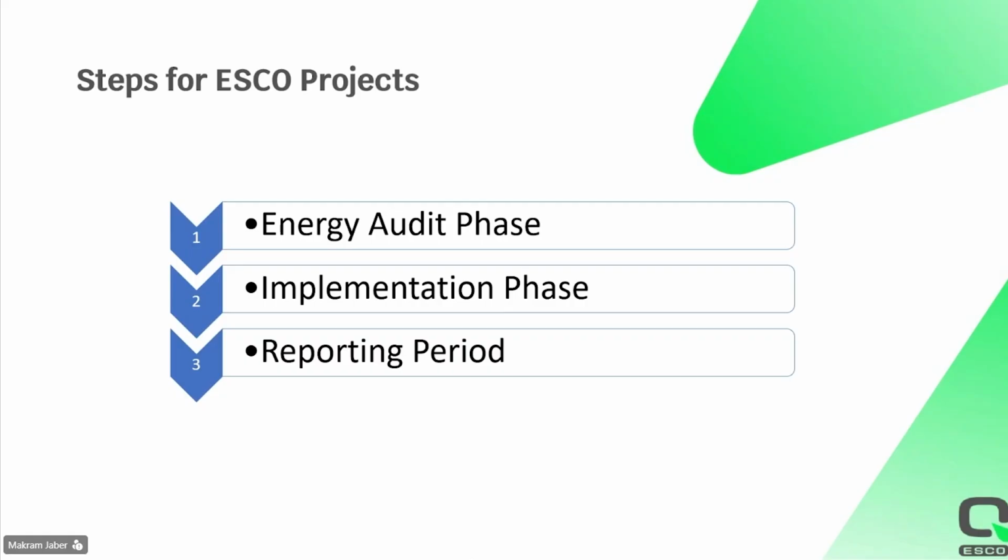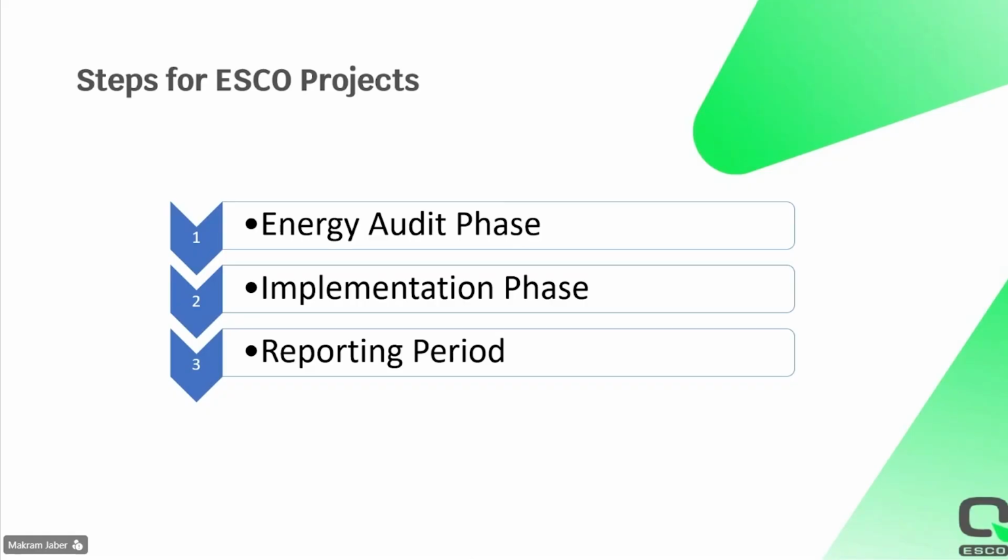Then after the implementation phase, when we implement the ESM, we will go to the reporting period. This reporting period will last, for example, 10 years or 7 years, depending on each client. During this reporting period, we have to prove that the saving is achieved.